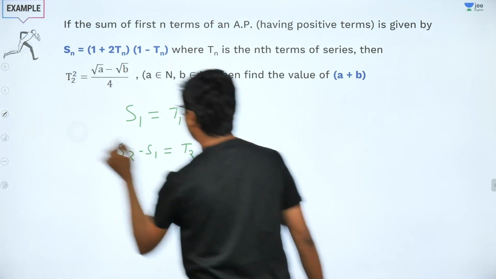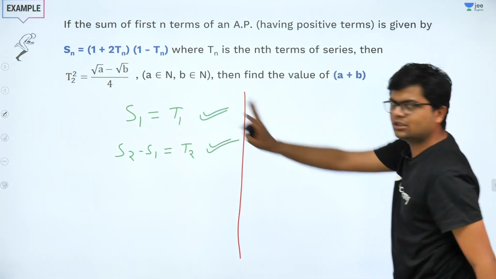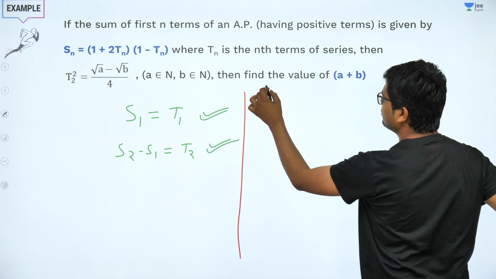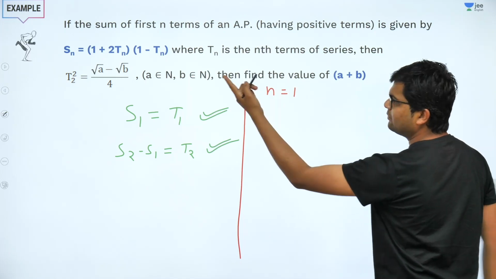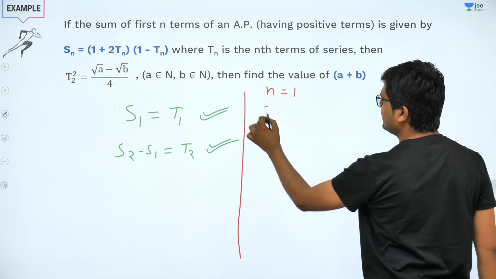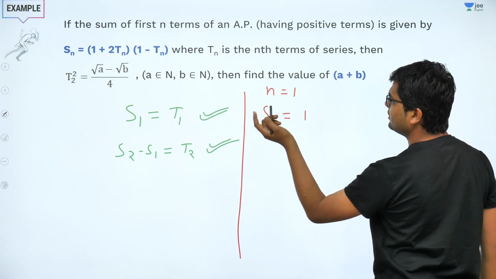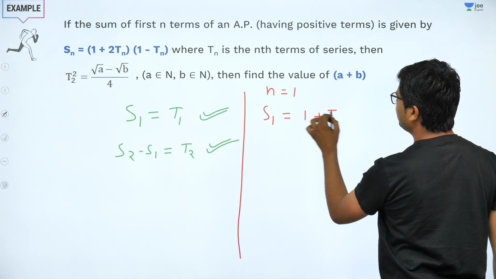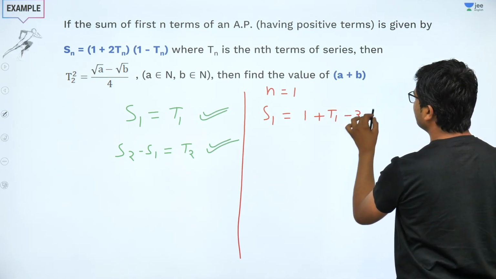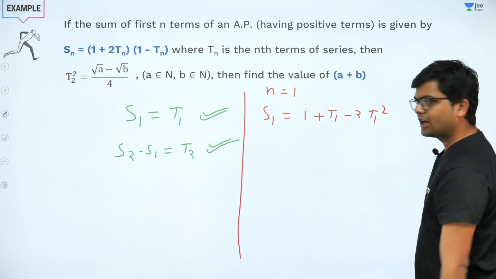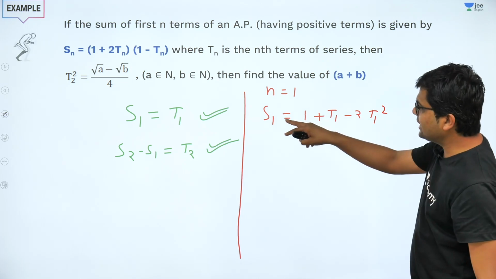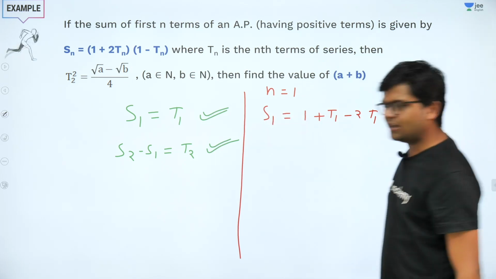So first of all, apply this first equation: put n is equal to 1 and the left hand side will become S1. So S1 is equal to, if you multiply it, 1 minus T1 plus 2T1, plus T1 minus twice of T1 square. Getting my point? And since S1 is equal to T1 by theory, there is no issue with that.